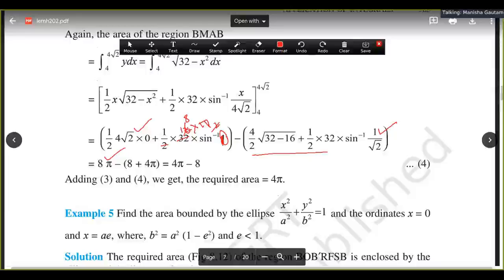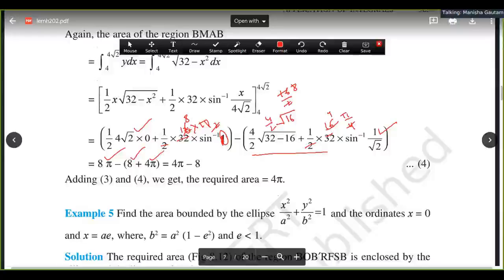Here we will solve it. We are getting 4 by 2 under the root 16, which means 4. 4 fours are 16 divided by 2, that is 8. Now this is 16 and this is pi by 4. 1 by root 2, 45 means pi by 4.